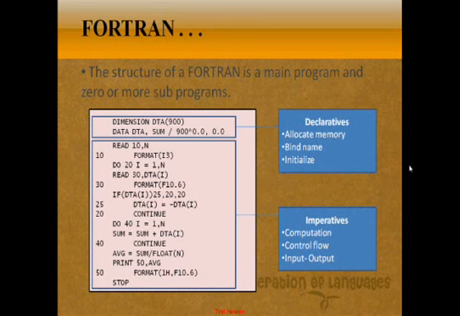A Fortran program is mainly divided into two parts: declarative and imperative. The declarative or non-executable section contains memory allocation, name bindings, and initialization. The imperative or executable section contains computation, control flow, and input and output.